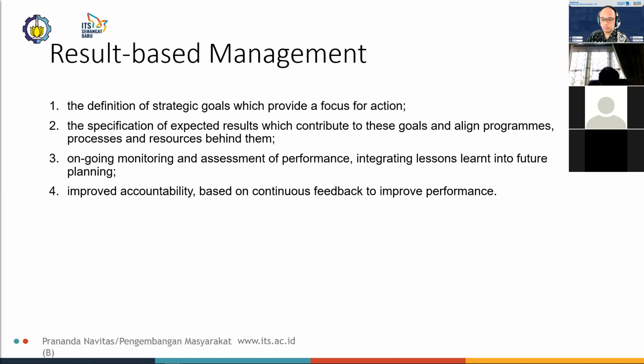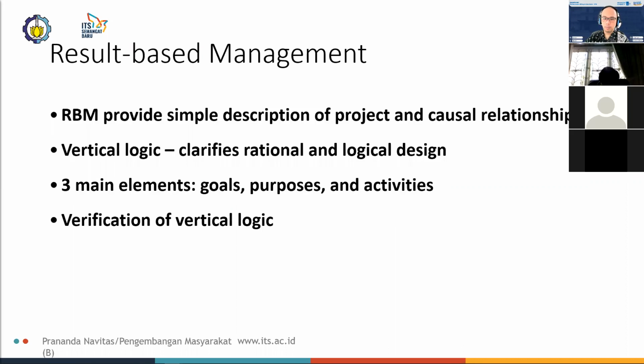So, RBM: a simple description of project and causal relationships. I think there are two approaches or two elements to RBM.